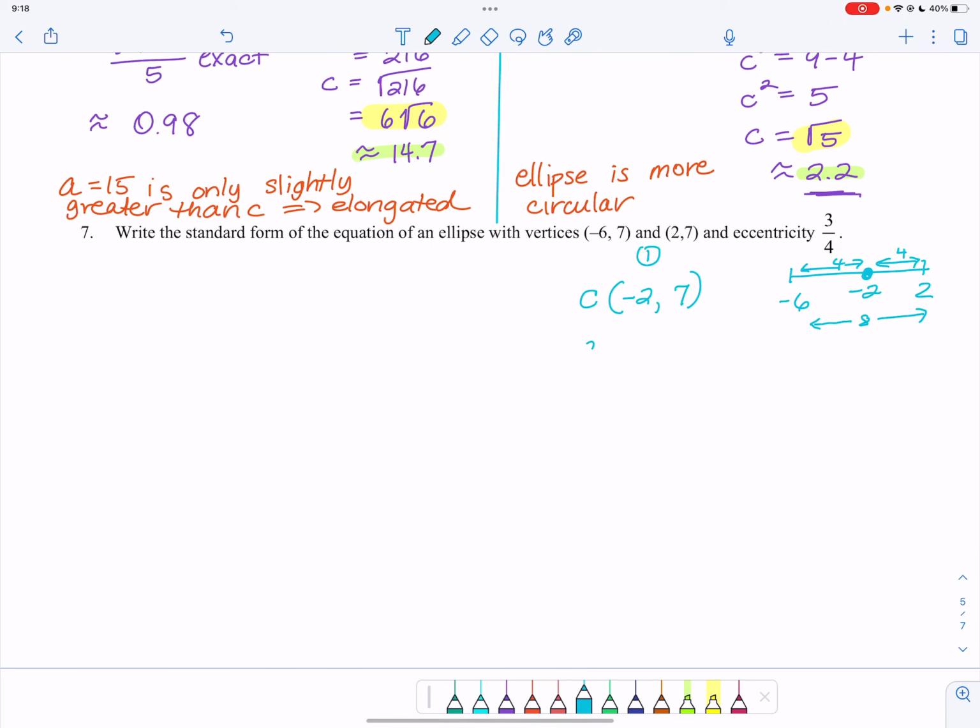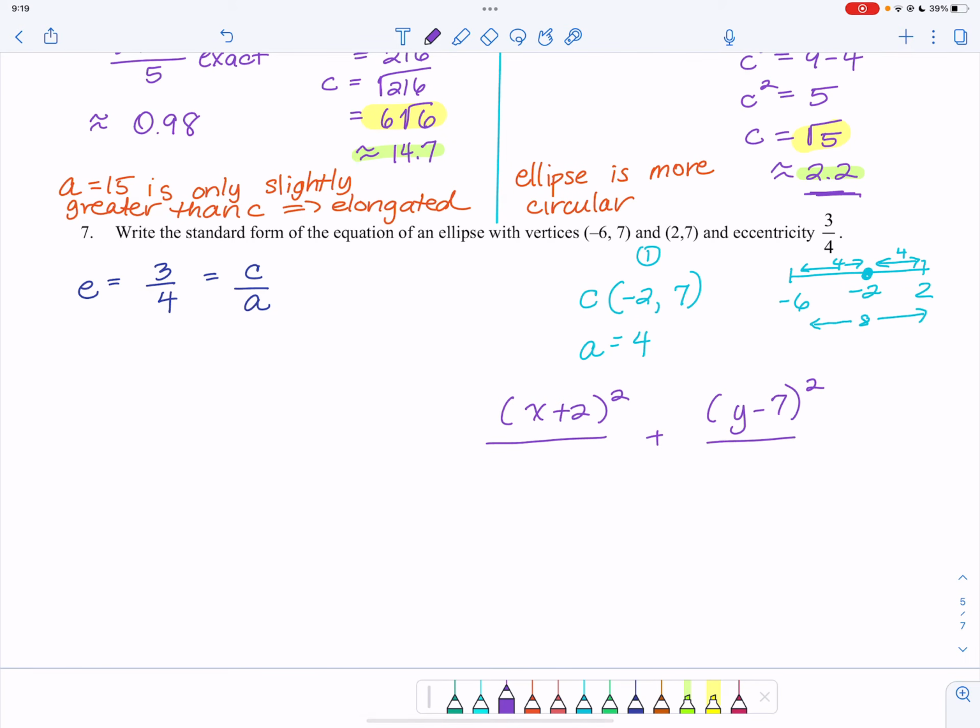So from there, we know that A is equal to 4. And how do we know that A is equal to 4? If we have the eccentricity equal to 3 divided by 4, that is equal to C divided by A, okay? So A is equal to 4. So now we have our equation (x plus 2) squared, and then we're using that center, (y minus 7) squared.